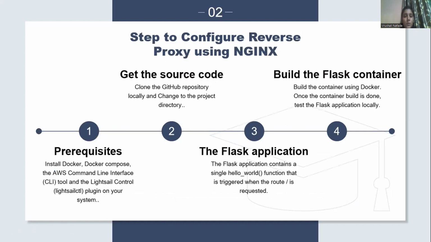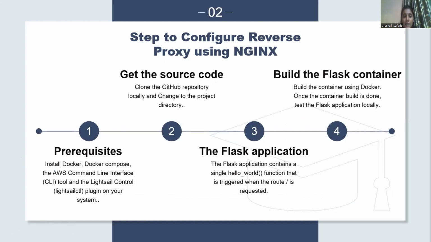So the steps to configure a reverse proxy using NGINX. The first step is the prerequisite. First, we'll download Docker Compose, AWS CLI, and Lightsail Control plugins in our system.